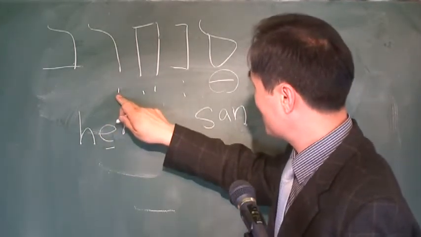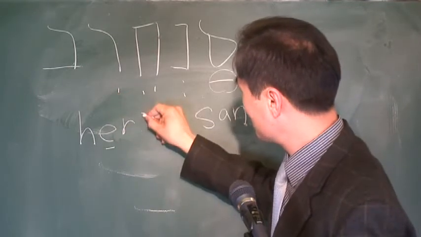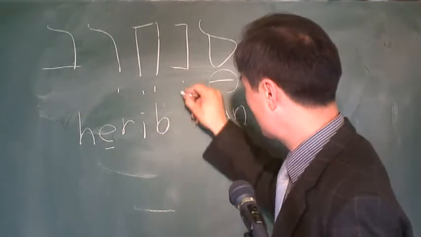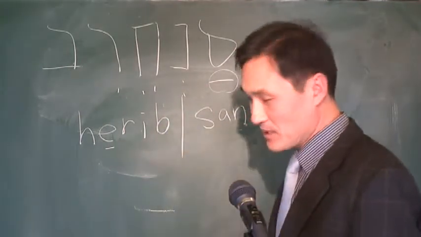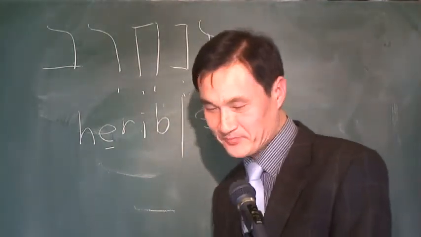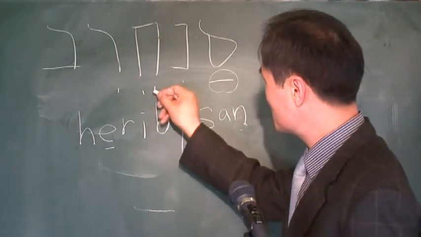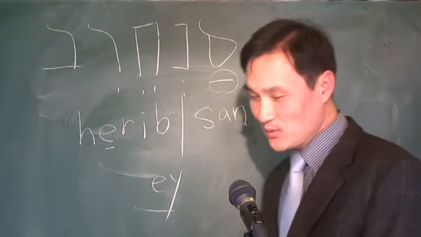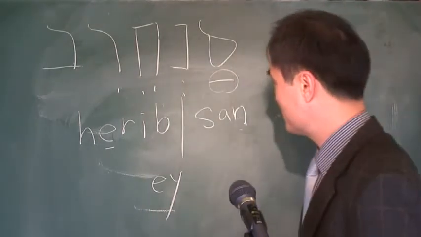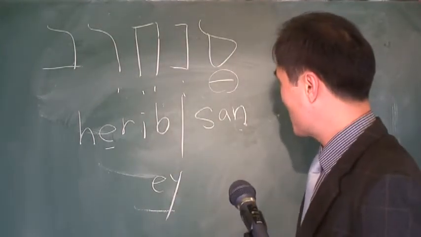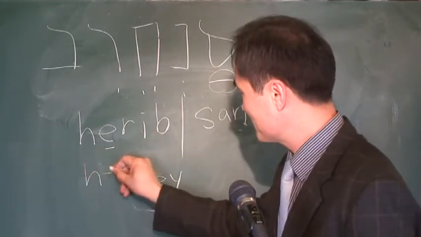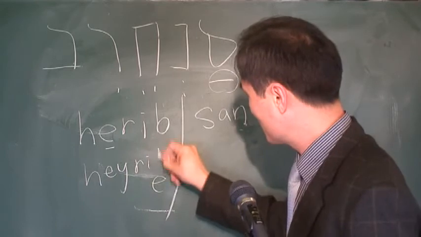Chere makes the e sound. Hirek makes the e sound. It is pronounced Sanherib. In some cases, it is pronounced a. It would then be Sanherib.